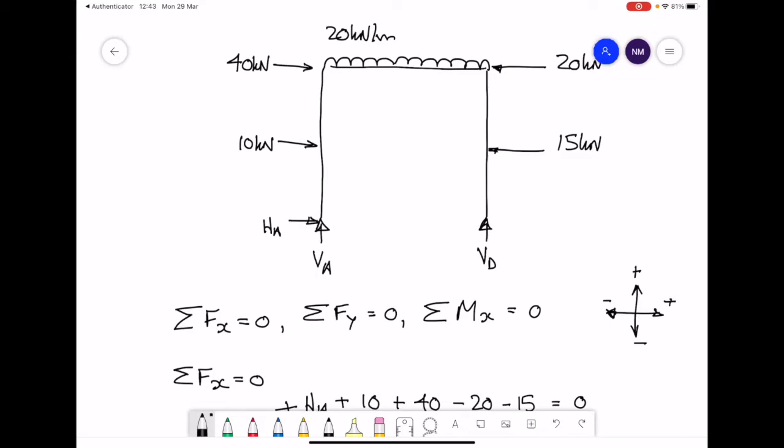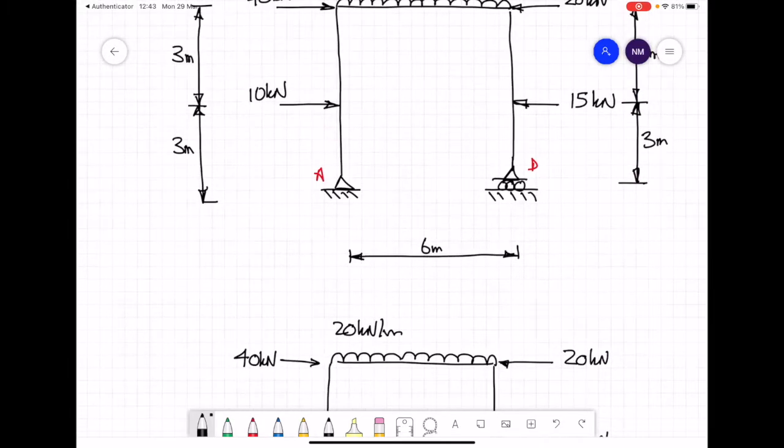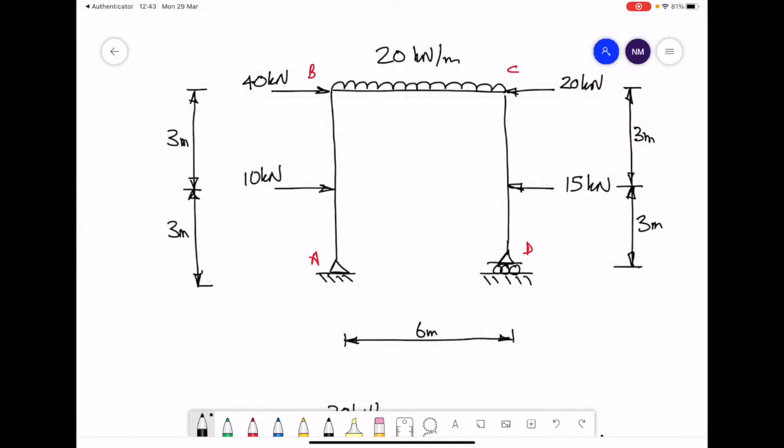Remember, the moment is the force times the distance. Then we must consider whether they're positive clockwise or negative anti-clockwise in rotation. For the distances, most of them are relatively straightforward. From point A, 10 kilonewtons is 3 meters away, 40 kilonewtons is 6 meters away, and so forth. But we'll consider each one in turn.